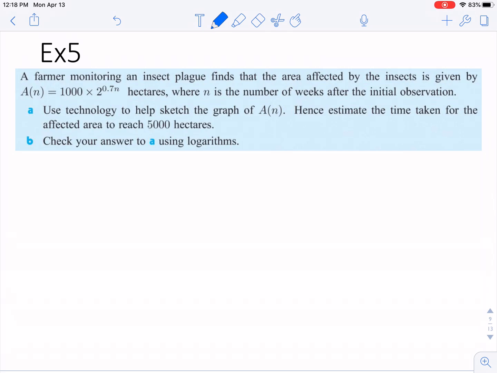You could do that, but let's go ahead and actually solve it. So we know 5,000 is equal to 1,000 times 2 to the 0.7n. So I'm going to divide both sides by 1,000. So 5 is equal to 2 to the 0.7n. I'm going to take the natural log of both sides or the log of both sides. Either way, you could use log base 10.